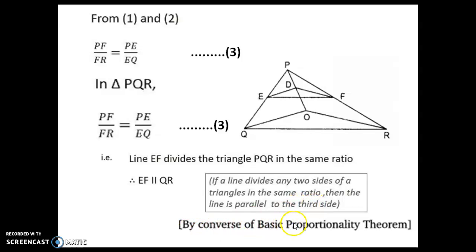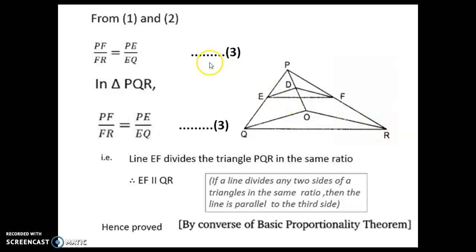This is the converse of the basic proportionality theorem. By that we can say that the third line is parallel. So EF is parallel to QR. Hence proved.